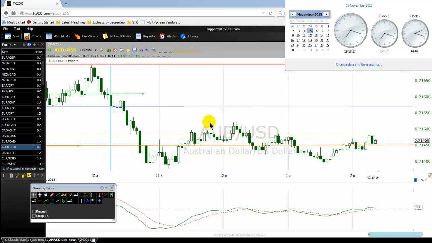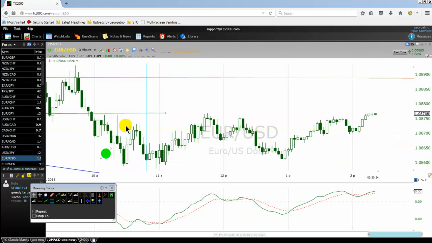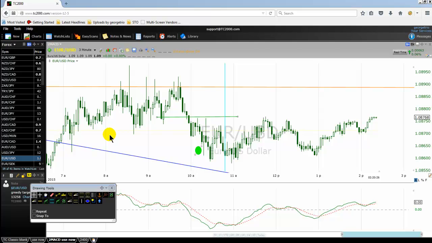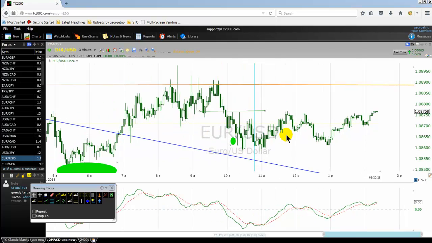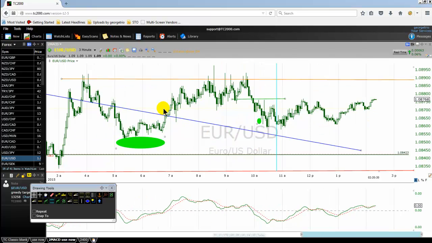For the euro dollar currency pair, we bought it at 108.90, and we re-entered it. We placed a limit order again right here, where I placed this green line, for the second time.